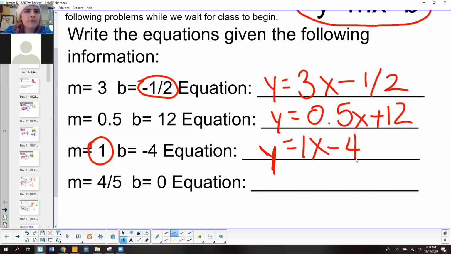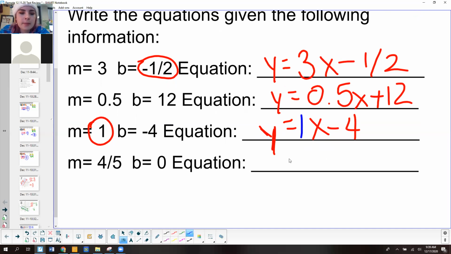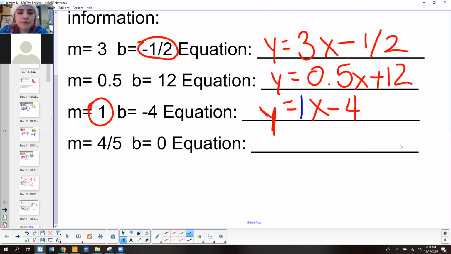And some of you guys, if you remember from what we talked about yesterday, in previous days, whenever we have x by itself, there's just an implied 1 in front of it. So if for some reason you wrote y equals x minus 4, that's the same thing. That's totally fine. But because we were given 1, I'm just going to go ahead and write 1 so nobody gets confused.